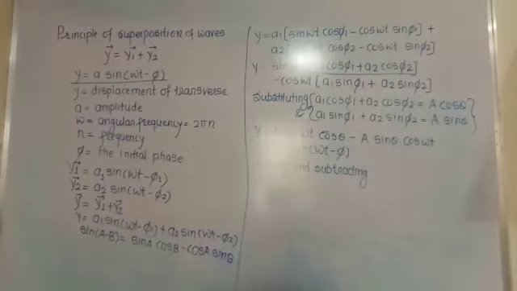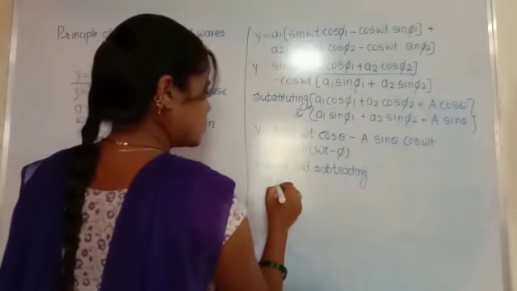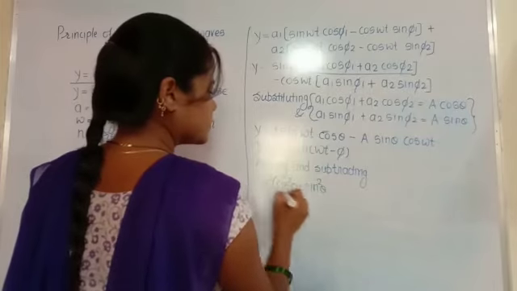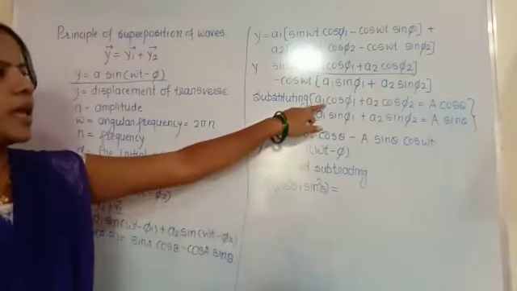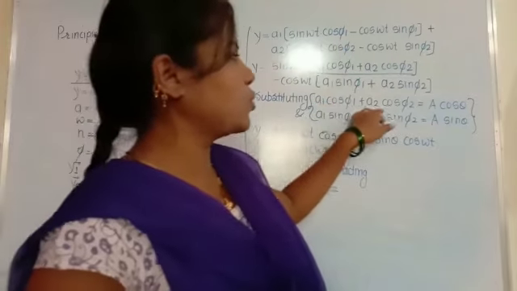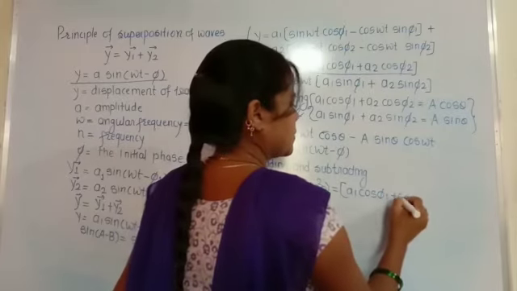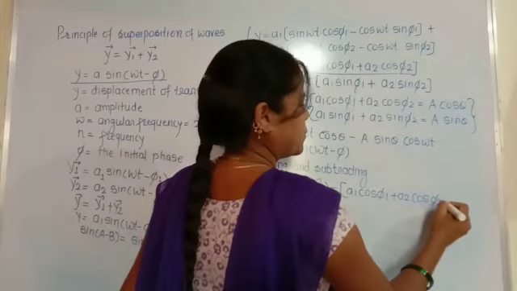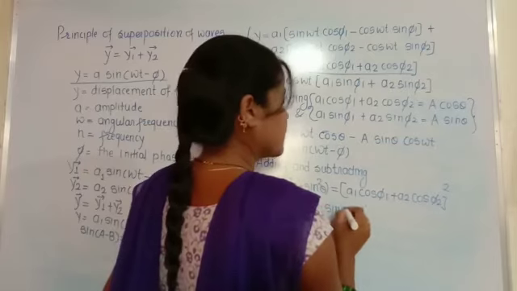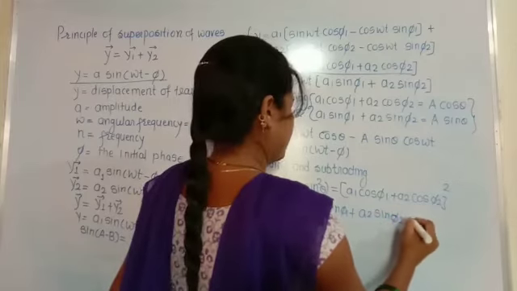So after adding and subtracting we get a square into cos square theta plus sin square theta is equal to a1 cos of phi1 plus a2 cos of phi2 whole square plus a1 sin of phi1 plus a2 sin of phi2 whole square.